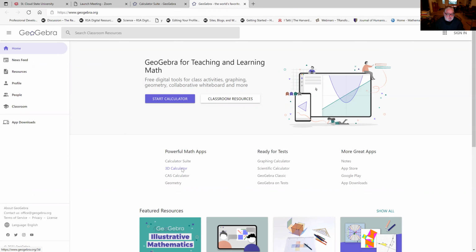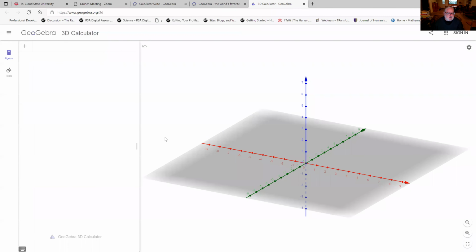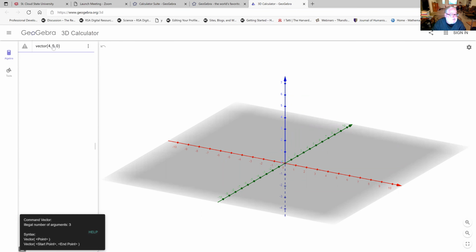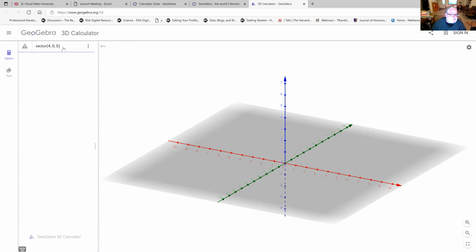We'll see if the 3D calculator is actually working today. So I have a vector which is 4, 0, 0. Oops, that didn't work. Let's try this again.